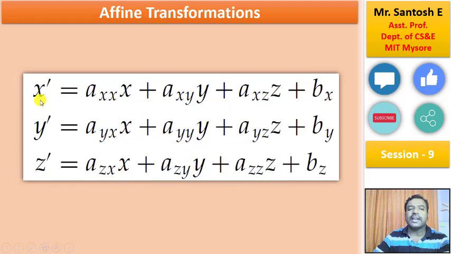The x dash will be formed using the x value, y value and z value of the original point with some constant b. That is, this b constant is going to be for the translation, or the pivot point for rotation, or the fixed point for scaling. And all these others are going to be the multiplicative factors.